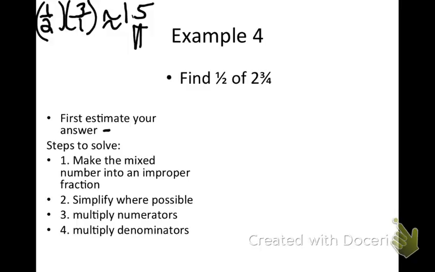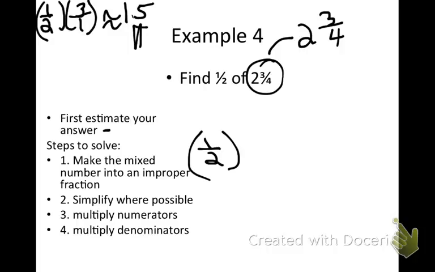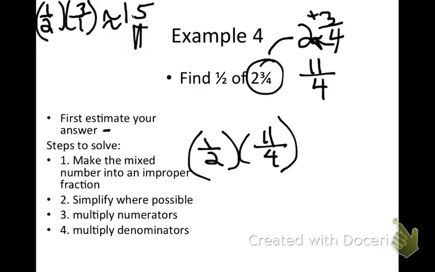First step, make the mixed number into an improper fraction. 1/2 is not a mixed number, but 2 3/4 is a mixed number. To make 2 3/4 into an improper fraction, I multiply 2 times 4, and then I add 3. 2 times 4 is 8, plus 3 is 11, so that makes it 11/4. So I'm going to multiply 1/2 times 11/4.